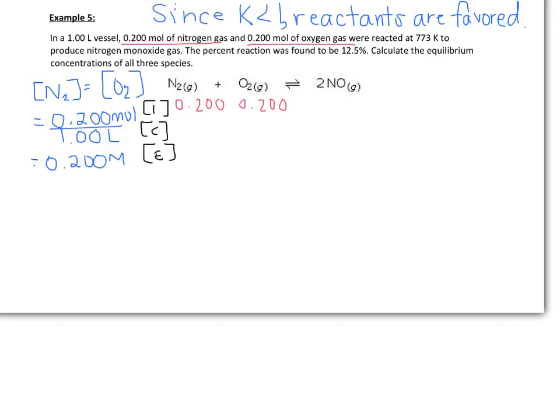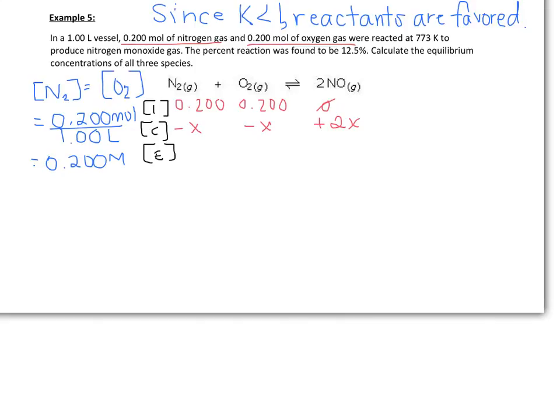Since they both have the same number of moles, I could calculate that all in one step and plug that into my ice table. For the initial concentration, as soon as the timer would be started, not enough time has elapsed to create any product, so that's going to be 0. Since we are making product, I will lose the reactants, and I will gain the product.